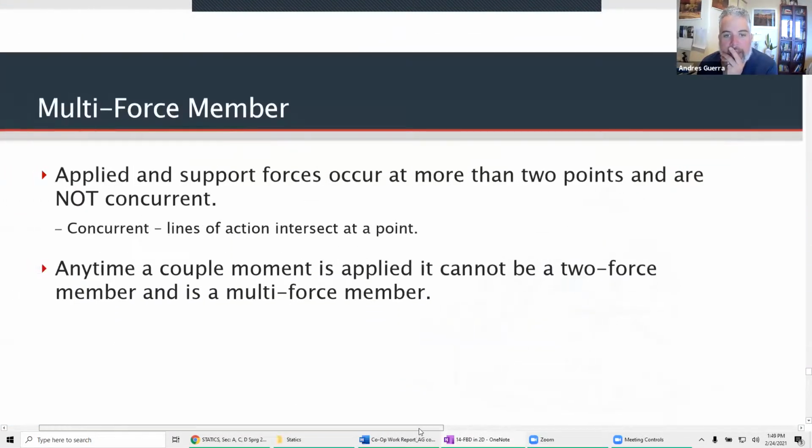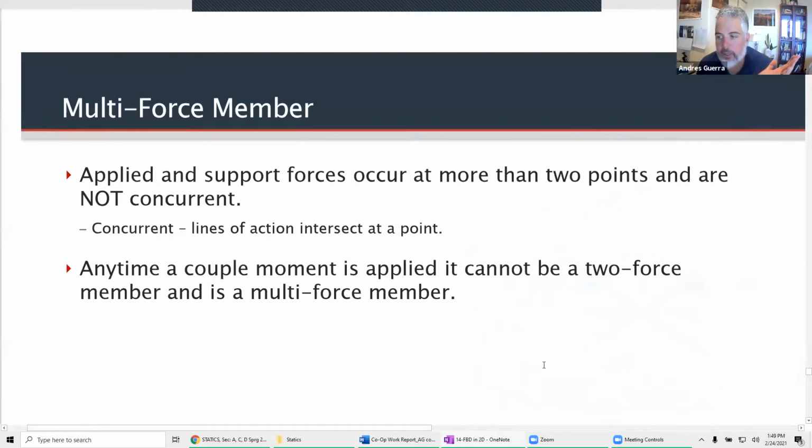Okay, so everything else, if it's not a two-force member, basically means it's a multi-force member. A multi-force member means that there are more than 2 points.